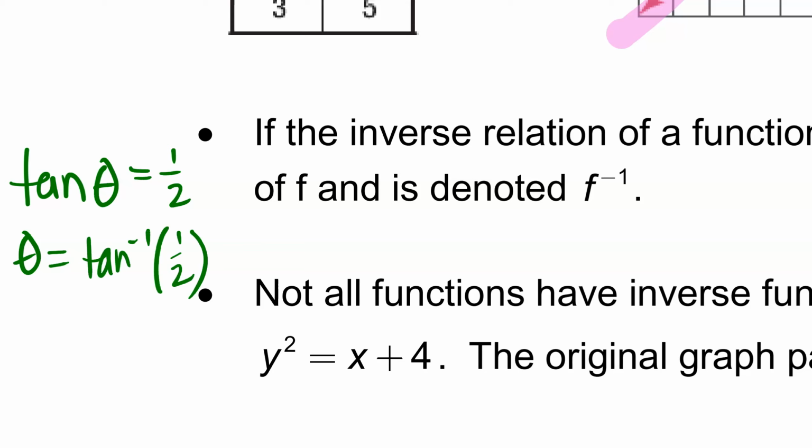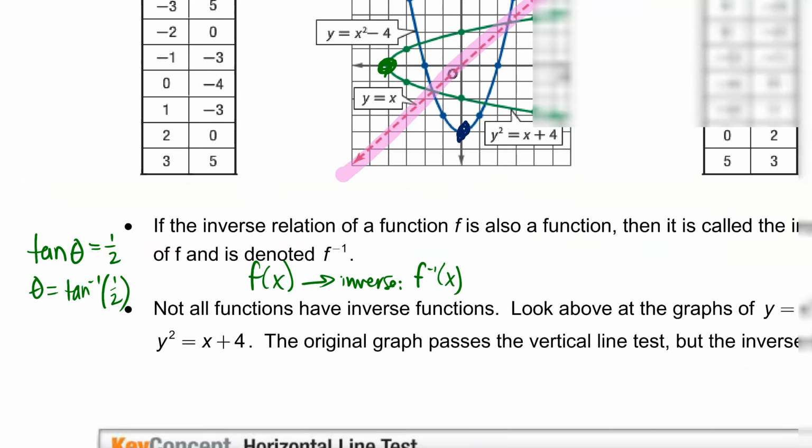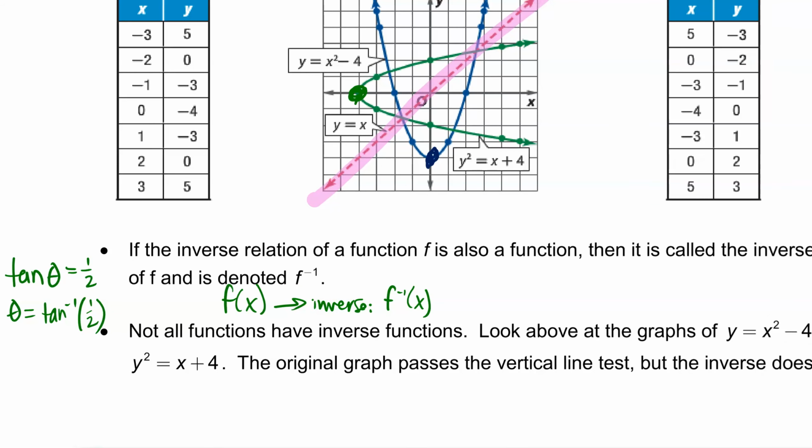Aha, so you've seen this inverse to the negative 1 before. Chapter 4, we've done it. So if I have a function f of x, the inverse is going to be f to the negative 1 of x. That just talks about how the inverse relation is a function as well. Is my inverse relation up here a function as well? The green one is the inverse. Is that a function?